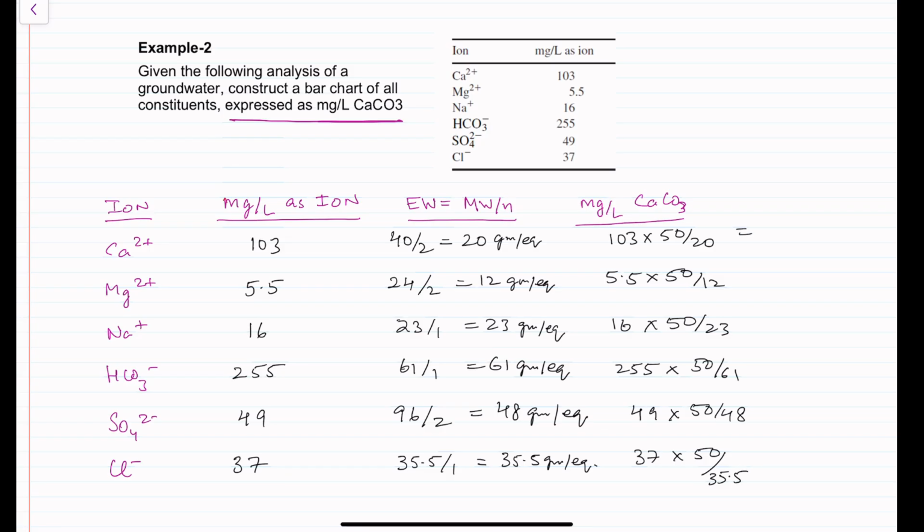So if we put that all in the calculator, let me just put those in, and I get 257.5, 22.9, 34.8, and this is 209, 51, and 52.